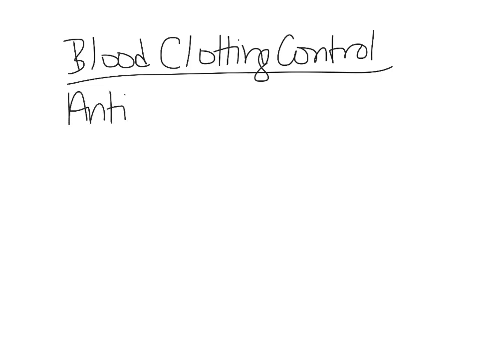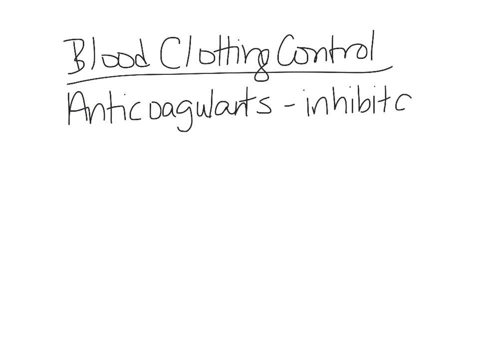I want to talk to you about controls of blood clotting. So blood clotting control. These are some things that you might hear out in the medical field. Okay? First of all, anticoagulants. Anticoagulants in the plasma inhibit clotting.